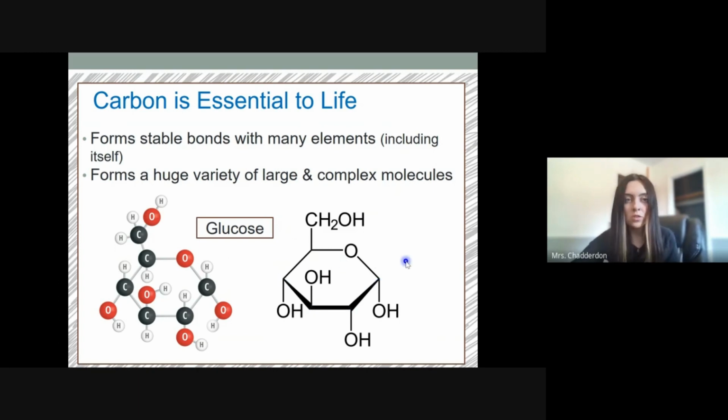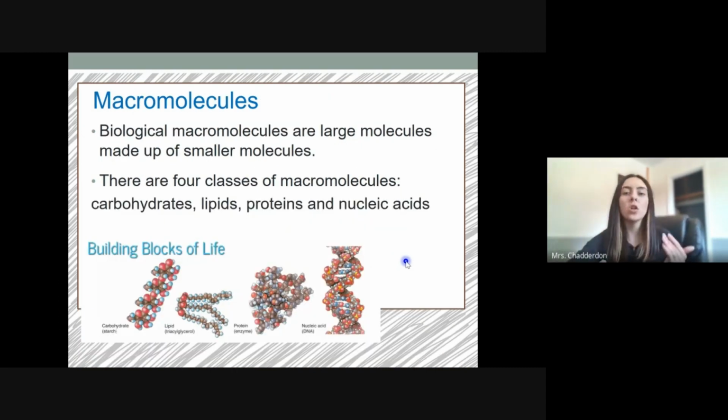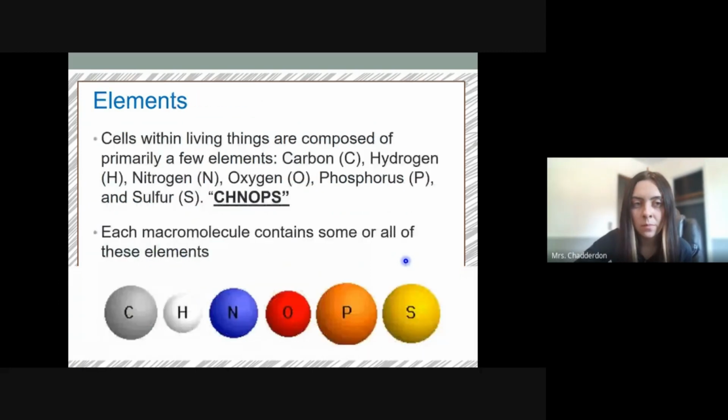So macromolecules are large molecules. Macro means big. They're big molecules that are made up of smaller molecules. There are 4 types. We have carbohydrates, lipids, which are fats, proteins, and nucleic acids.